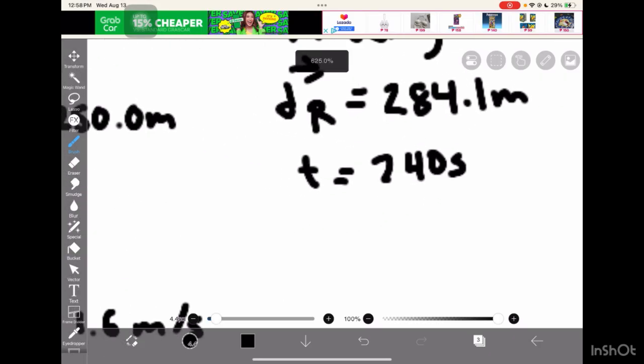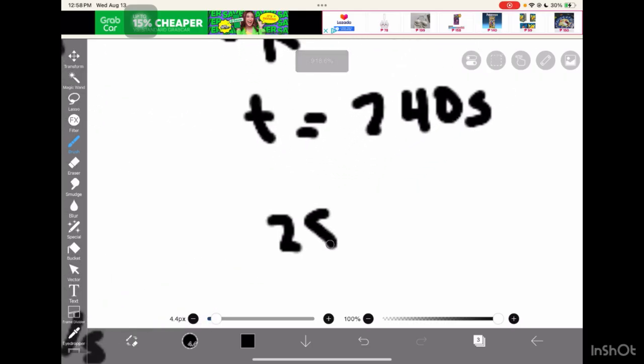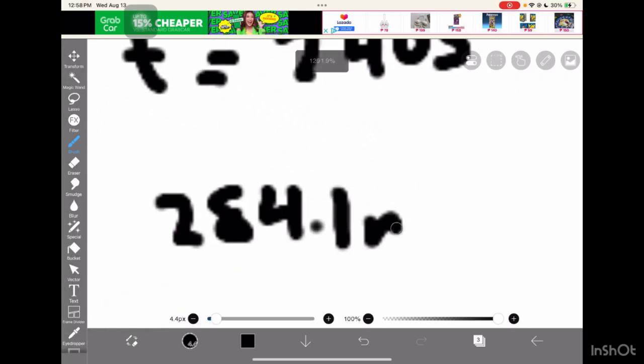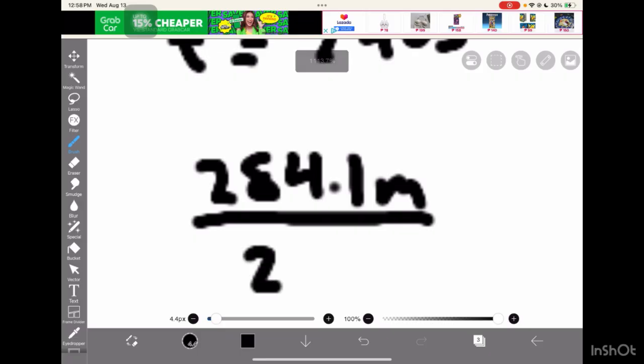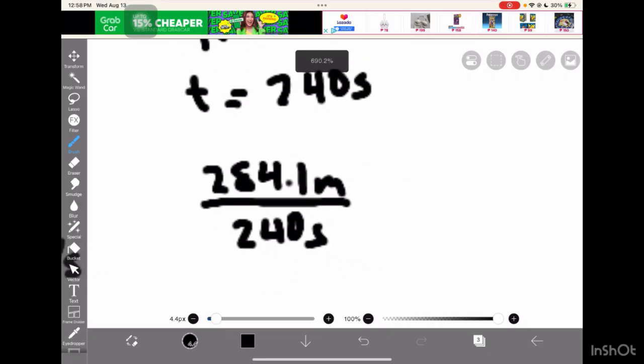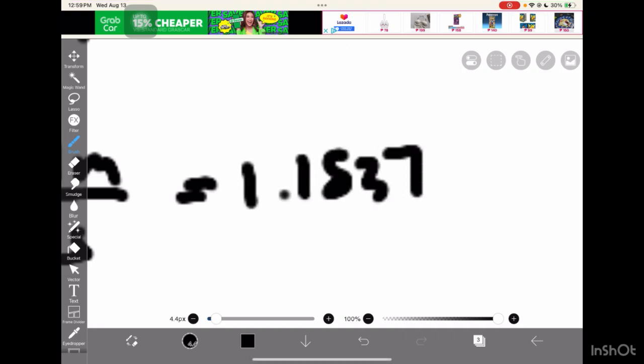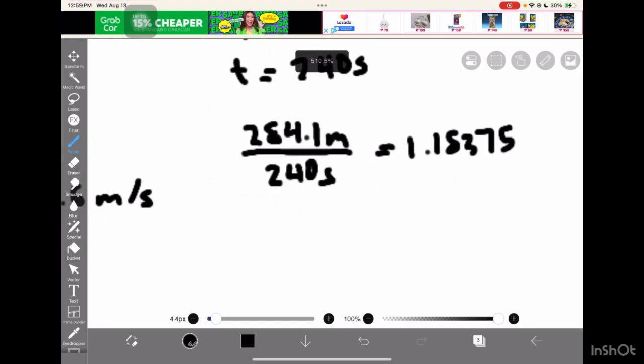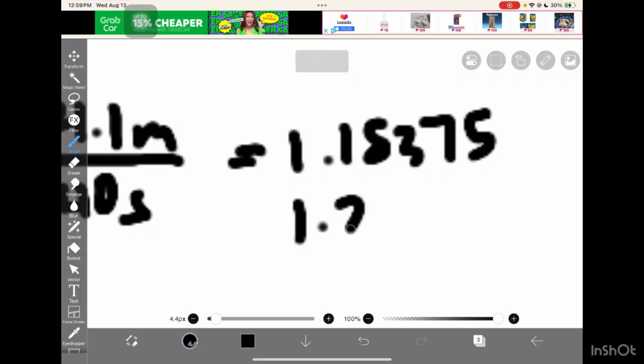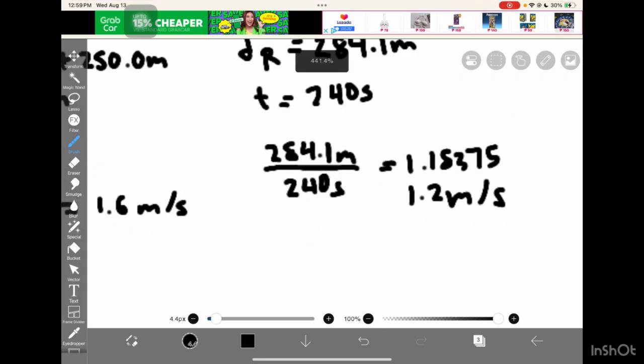And then we have 284.1 meters all over 240 seconds is equal to, let's put that in our calculator, 1.18375. But once again, we need 2 SFs, so it's 1.2 meters per second.